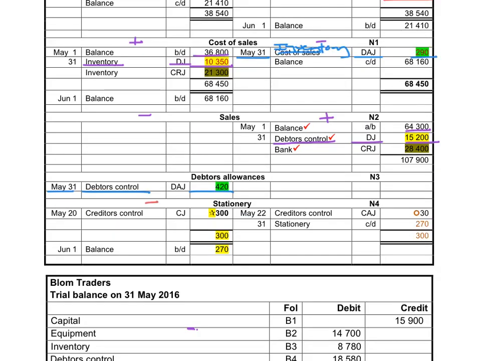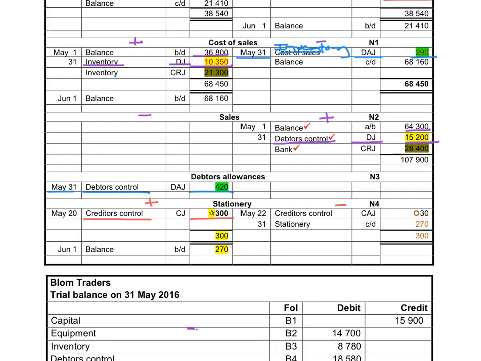Stationery is an expense that increases on the debit side, so the stationery account will be debited with 300 Rand. And in all three of these accounts, we will indicate that the creditors control account was credited. So the amounts that we recorded in the inventory, equipment, and stationery account on the debit side equals the amount on the credit side of the creditors control.